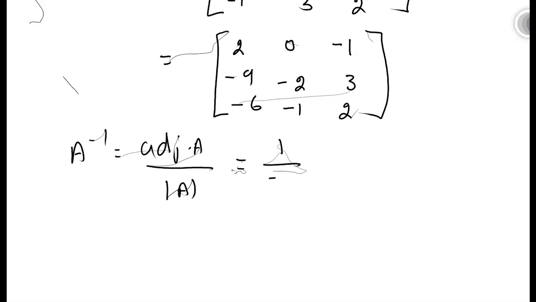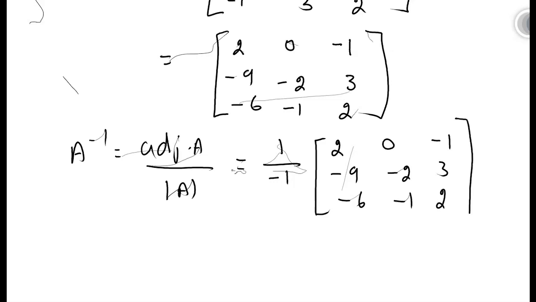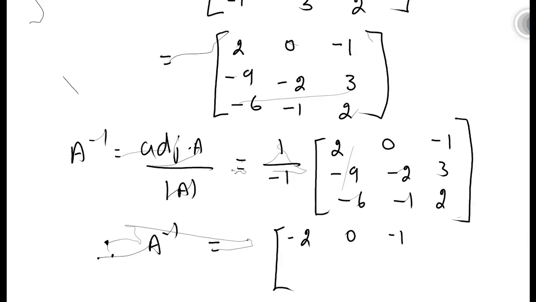So, 1 by minus 1 times 2, 0, minus 1, minus 9, minus 2, 3, minus 6, minus 1, 2, or changing the signs, that would give you, therefore, A inverse is equal to minus 2, 0, 1, 9, 2, minus 3, 6, 1, minus 2.